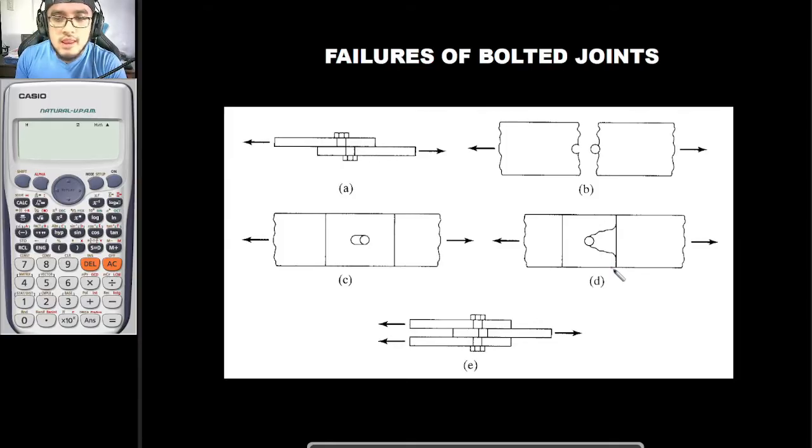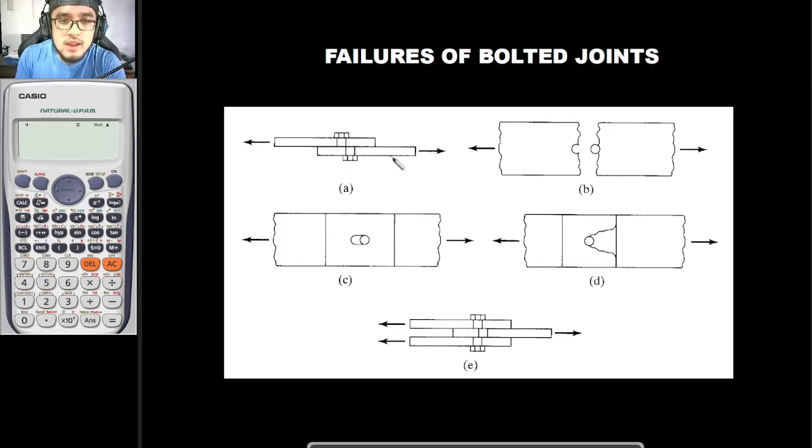Okay, so once again, you might have heard this line from me a lot of times already that whenever you are to design or analyze a certain structural member or a certain structural component, we must first take into consideration the manner in which that certain structural component will fail. And after knowing the manner of failure, you must design the system for it to resist the failure that you have anticipated.